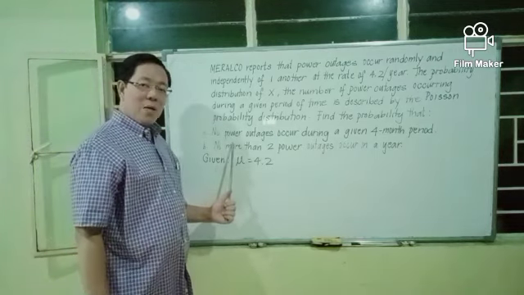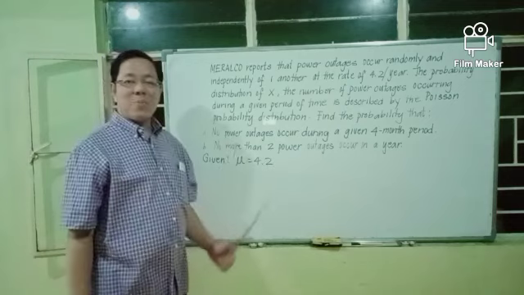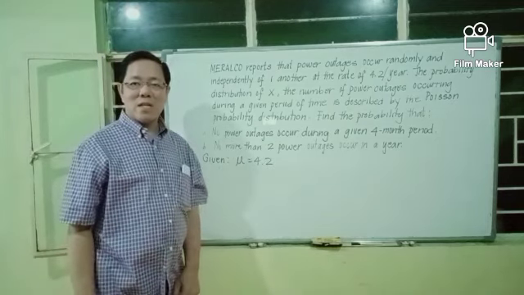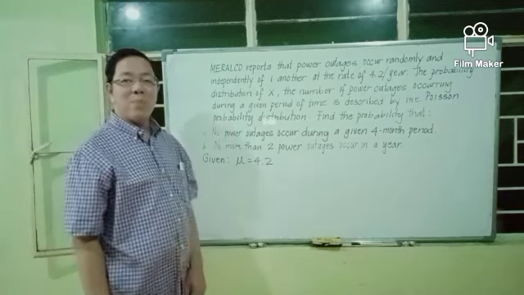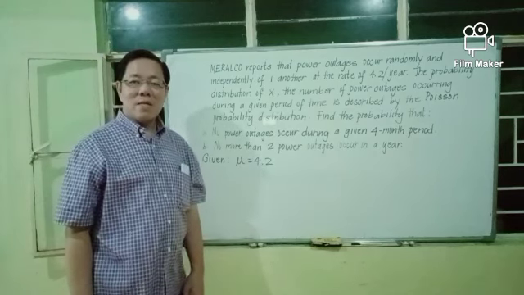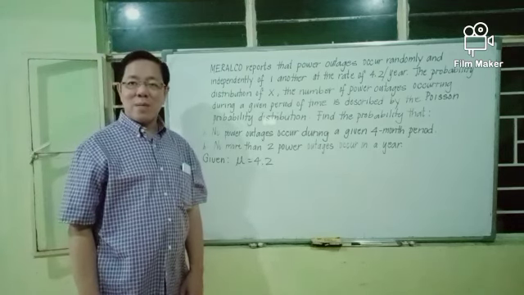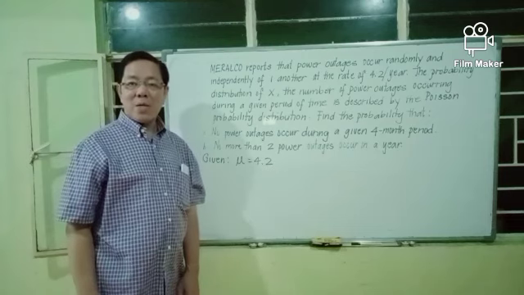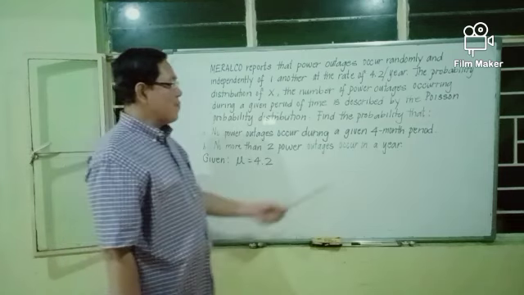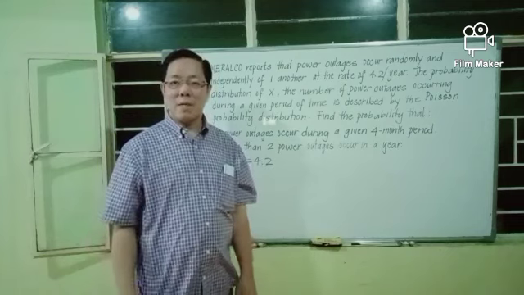And in letter A, we are asked to find the probability that no power outages occur in a given 4-month period. Since the average number of power outages is given in a period of 1 year, we have to convert the 4-month period into year.